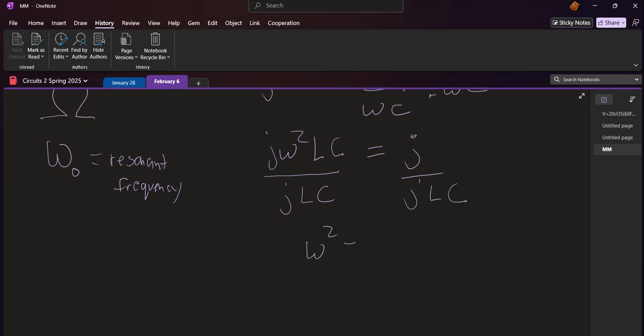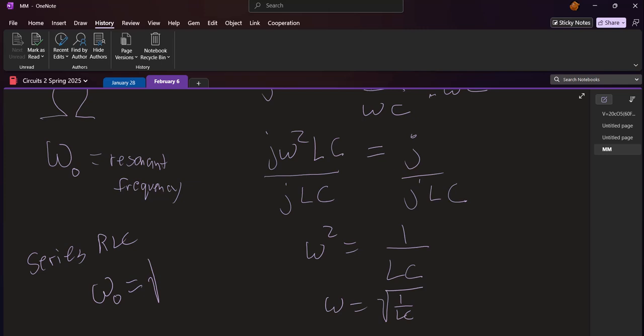And I get omega squared equals 1 over LC, or omega equals the square root of 1 over LC. So for a series RLC circuit, the resonant frequency is the square root of 1 over LC.